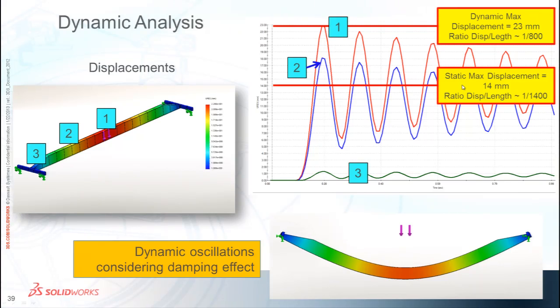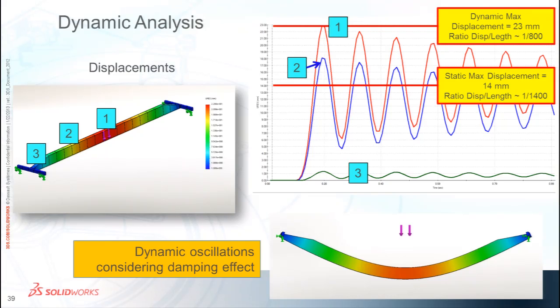If they were running only static analysis before implementing simulation, manually, right? Manually. Of course, if you run a static analysis, you will get only a certain maximum displacement. In this case, 14. This means 1/1400 is a ratio that they measure.